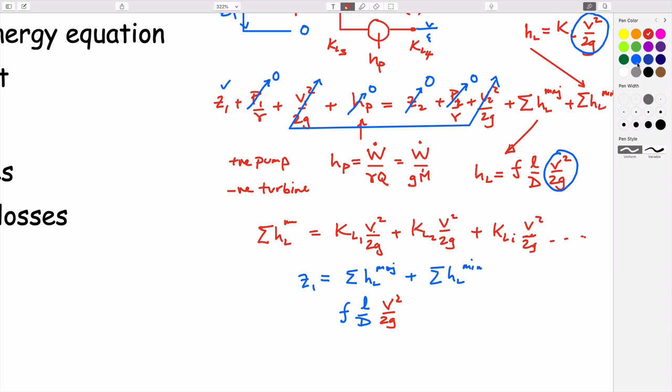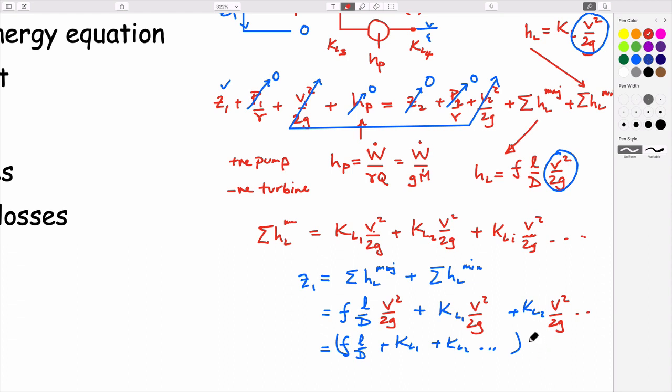And added to that would be the magnitudes of whatever KL1 plus KL2, etc. And so that can be simplified just as equal to the sum of those individual components, friction factor length over diameter plus KL1 plus KL2, etc., all multiplied by the velocity, the inertial term, v squared over 2g.